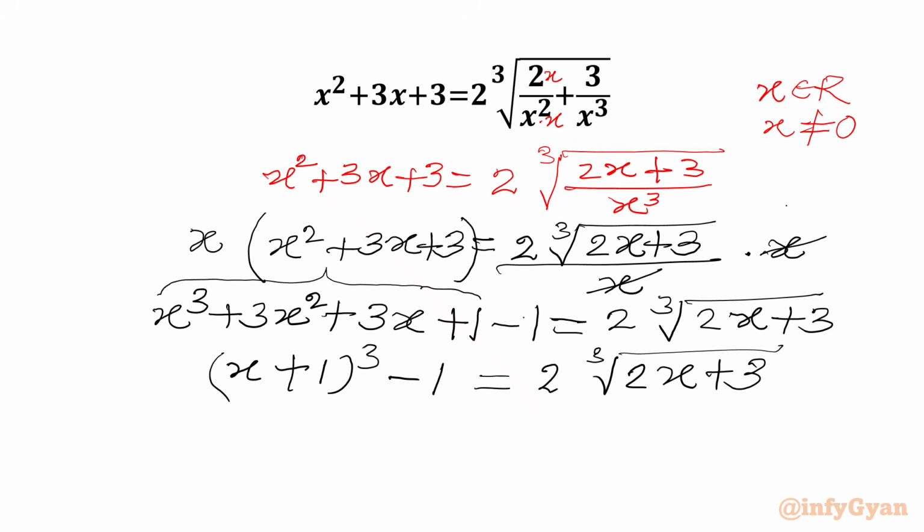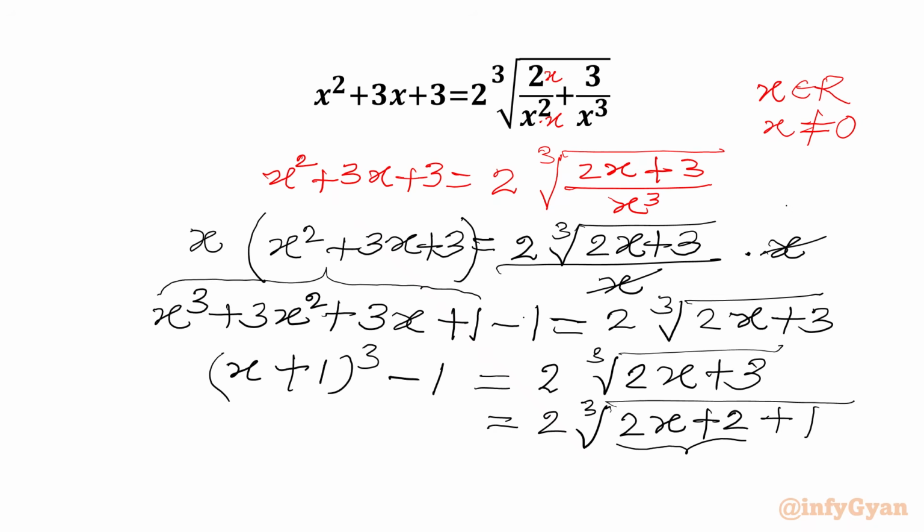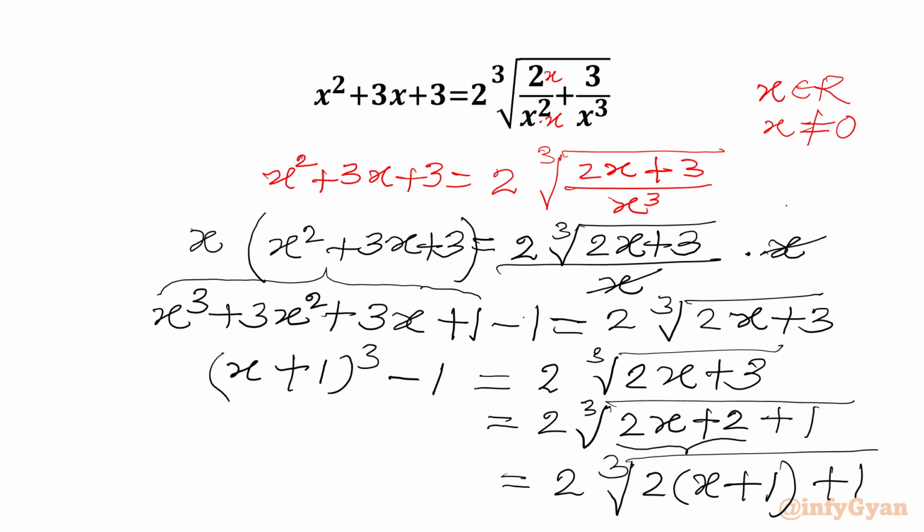Now 3 can be written as 2 plus 1. So we'll write 2 times cube root of 2x plus 2 plus 1. Now from these two terms I can take 2 common out. So we will write 2 times cube root of 2 times x plus 1 plus 1. And in left hand side we have x plus 1 whole cube minus 1.